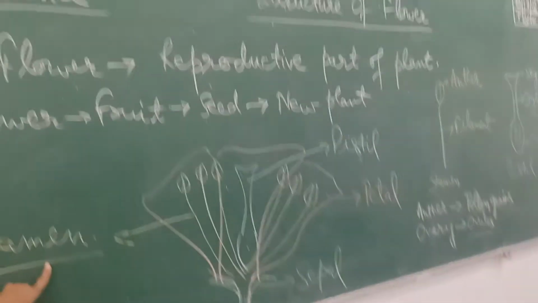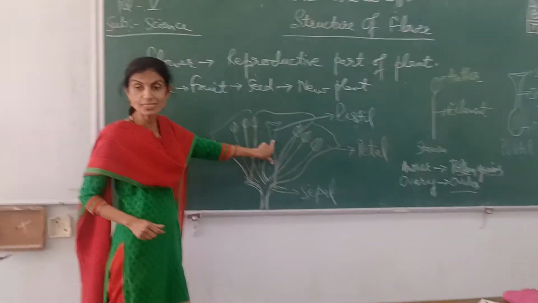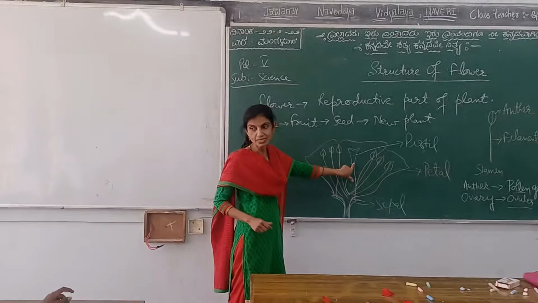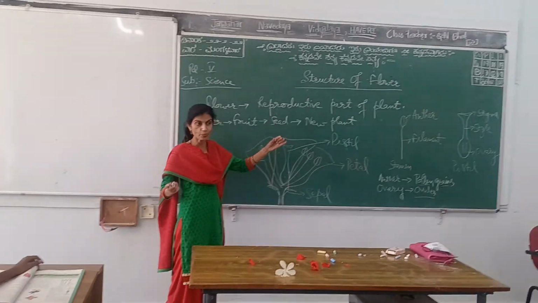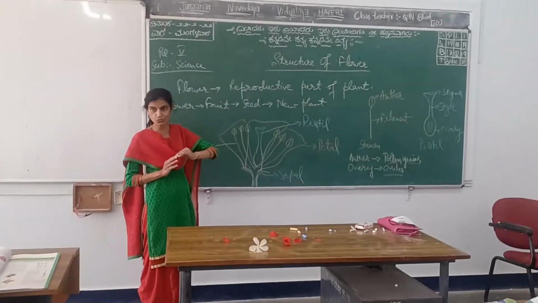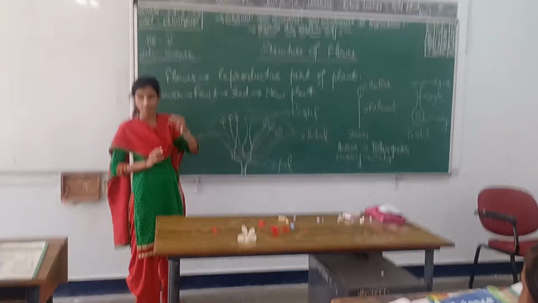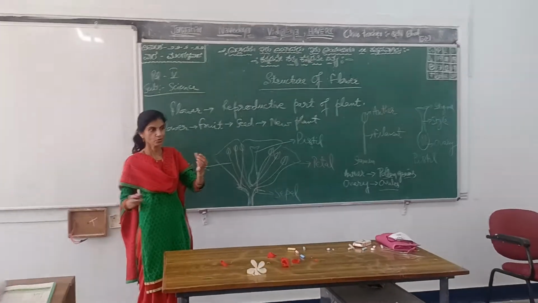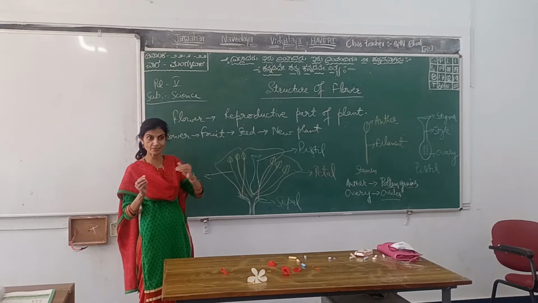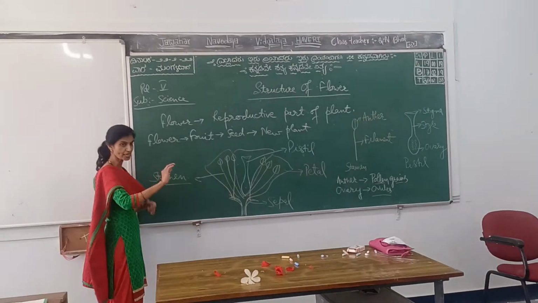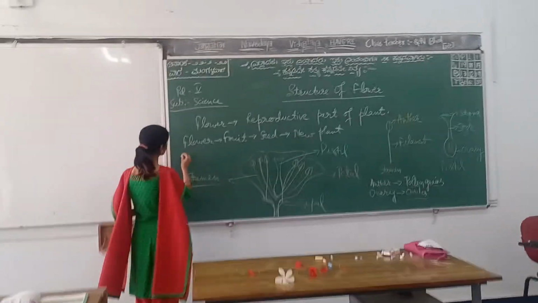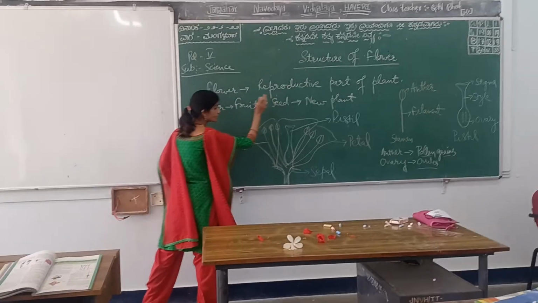It contains pollen grains, pollen cells, and the pistil is the female reproductive part. It contains ovules. Now pollen grain and ovule fuse, and first they form a zygote, then an embryo, then fruit, then seed.